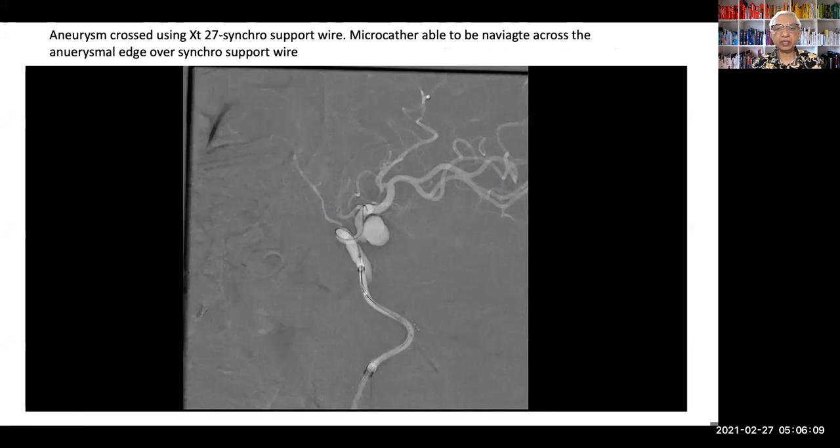But look at the behavior over here. We have the Navion down here, the microcatheter is here, the Extra Support Synchro is here, and it starts moving forward. Now, the Synchro's Extra Support has an advantage. It's a better shapeable tip than the classical Synchro.